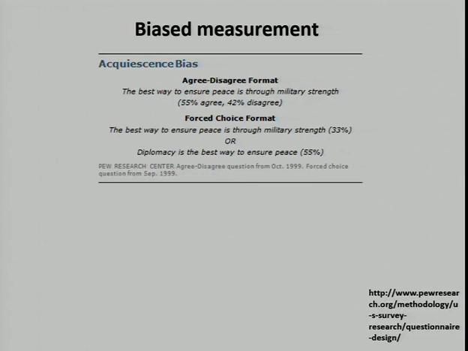Format of the question. So here's one that I found slightly creepy, and there's the website if you want to look in more detail. If you ask people to agree with a statement, right, the best way to ensure peace is through military strength, many more people will agree with this than if you give them a forced choice between two options, right?